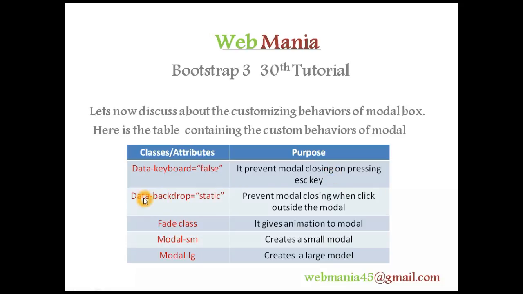Similarly, the other one is data-backdrop equal to static. This is used to prevent modal closing when clicking outside the modal box. And for giving animation to the modal, we have to use the fade class. And these are the two sizes of modal box, modal-sm and modal-lg. Let's go back to our editor to apply all of these classes and attributes.